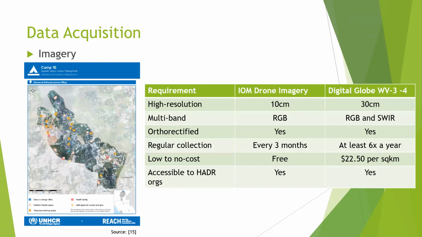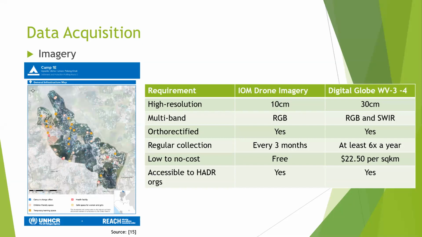The first piece of data that I need to create image-based population estimates is high-resolution imagery. I've identified two sources so far. The International Organization for Migration provides drone imagery of my study area, and the commercial satellite company Digital Globe provides WorldView 1, 2, 3, and 4 images of the camp.